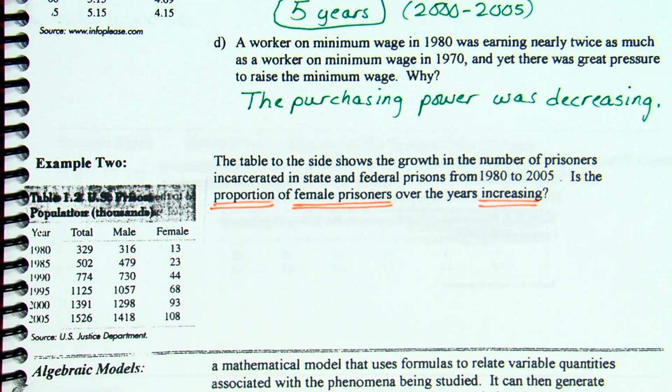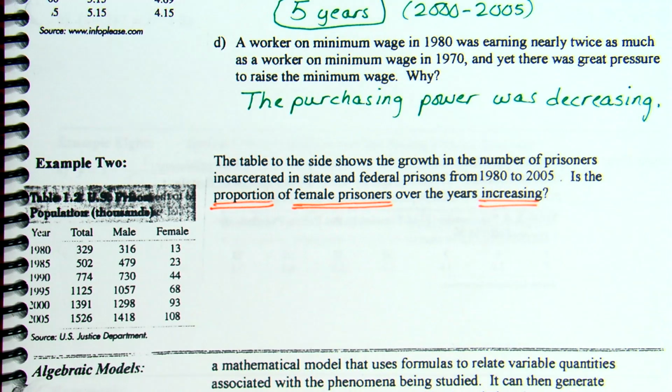If we're looking at the proportion of female prisoners, we're going to look at the number of female prisoners in respect to the total number of prisoners. In other words, the males mean nothing to us right now, okay? I said that way wrong, and don't come back and bite me on that one, okay? But the information on males is irrelevant in this question.